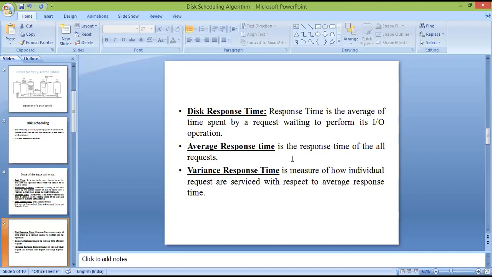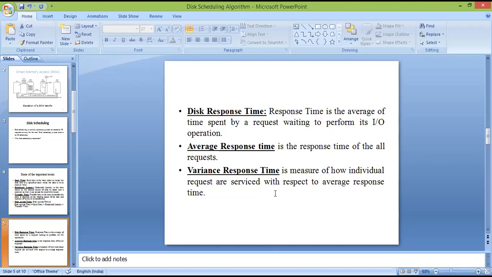So, when the jobs are maintained in a queue for execution, each operation spends some time in a waiting state. That average is known as the disk response time. Average response time is the average over all the requests that are executed.